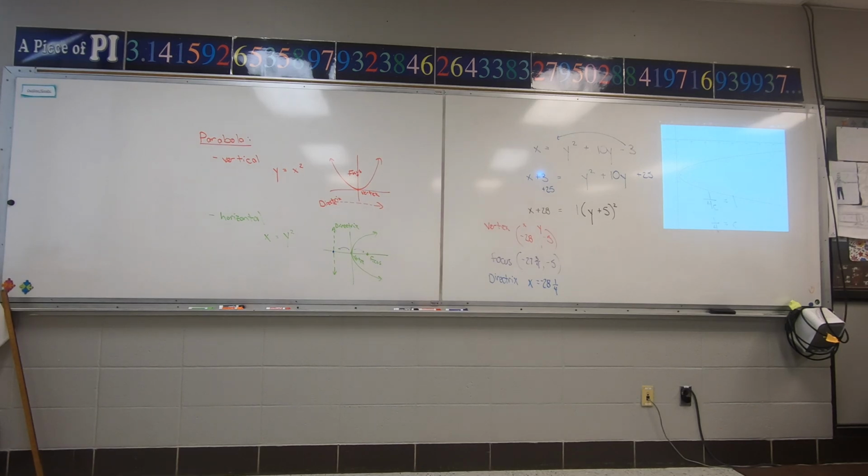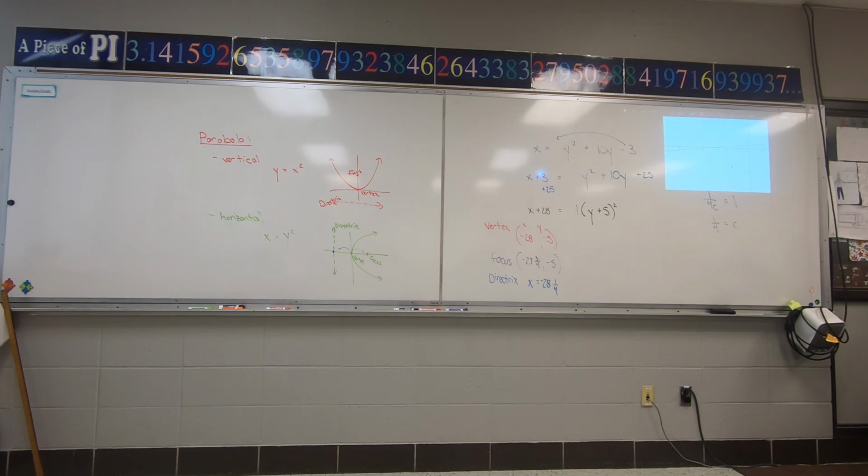If I zoom out a little bit, and zoom in here, right there is where it's hitting the x-axis. You can see it's hitting right at negative 3. That's right where it's crossing.